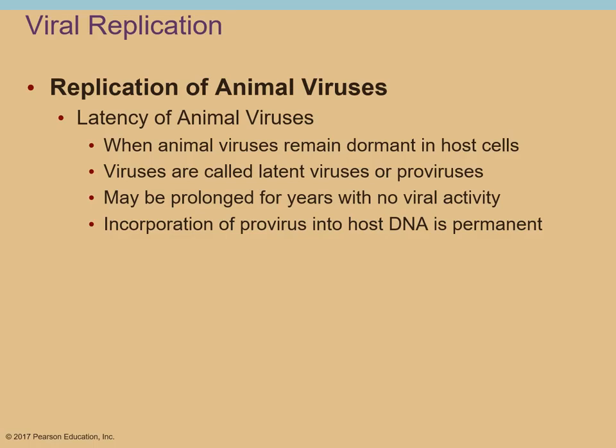A provirus is a virus that has incorporated itself into the DNA of an animal cell. How long can it lay dormant there? As long as it wants to. There have been cases we know where it may lay there for years. It may never pull out from there.